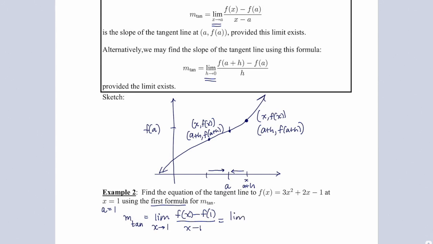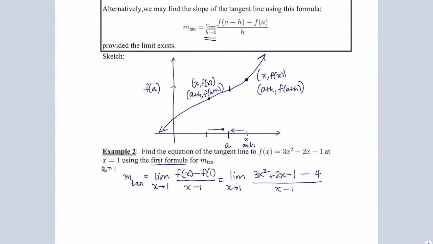And so let's fill in these values. Limit as x goes to 1, f of x is 3x squared plus 2x minus 1, and f of 1 would be 5 minus 1, so minus 4, divided by x minus 1.